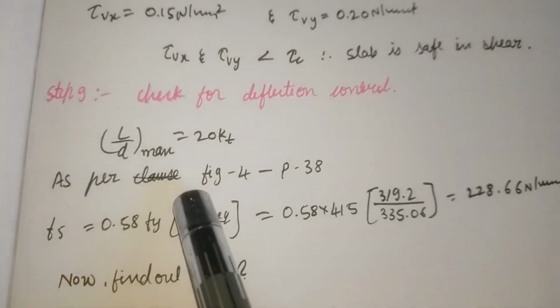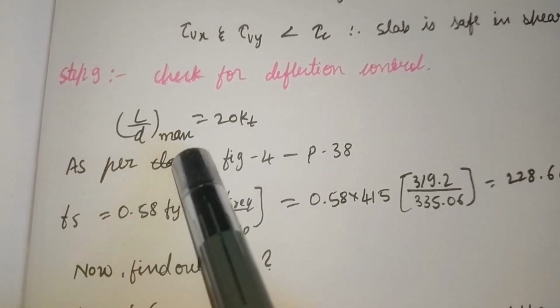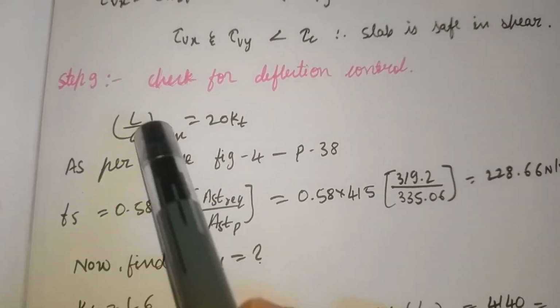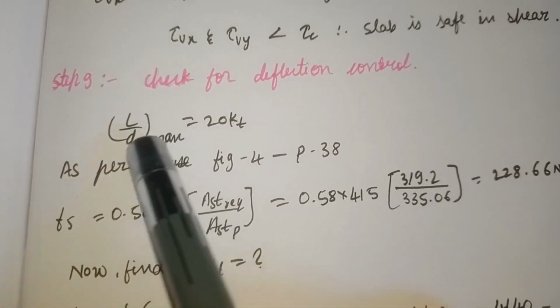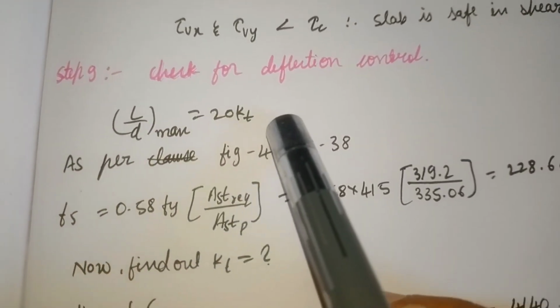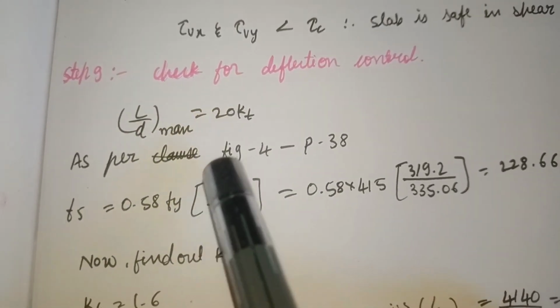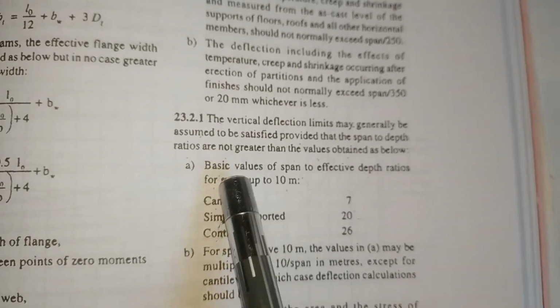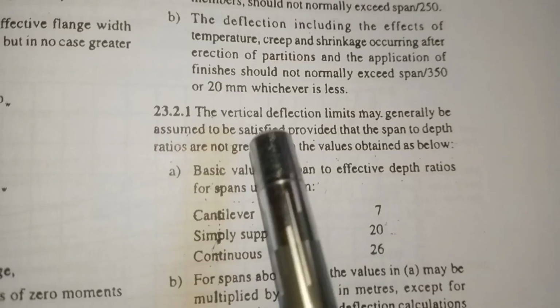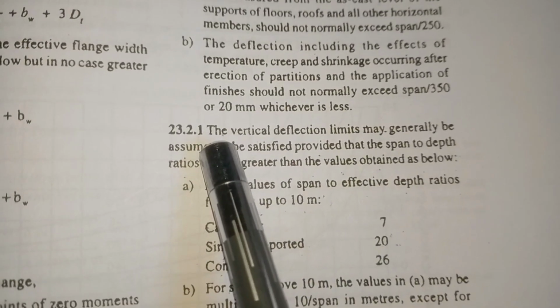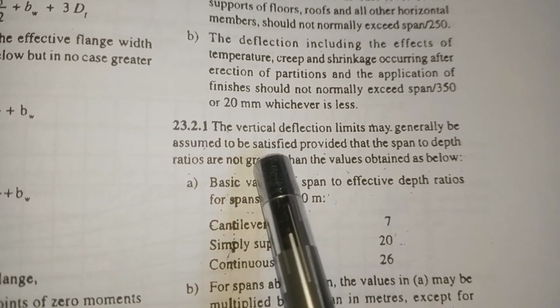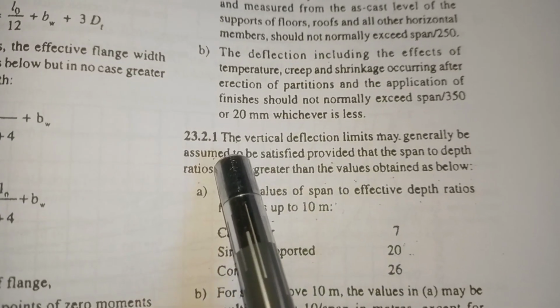Again we use the L by D ratio formula: L divided by D max is equal to 20 into KT. For this I will show page number 37 of IS 456. Again we are applying what we used for the designing of beams.